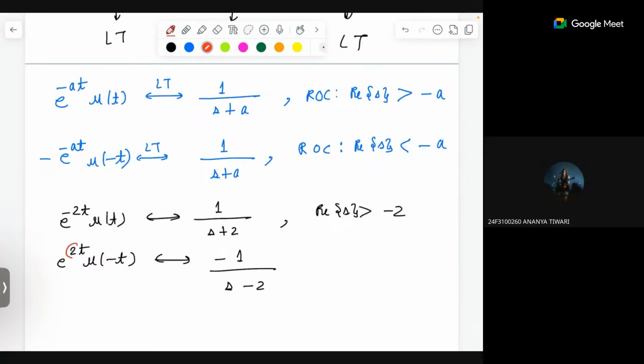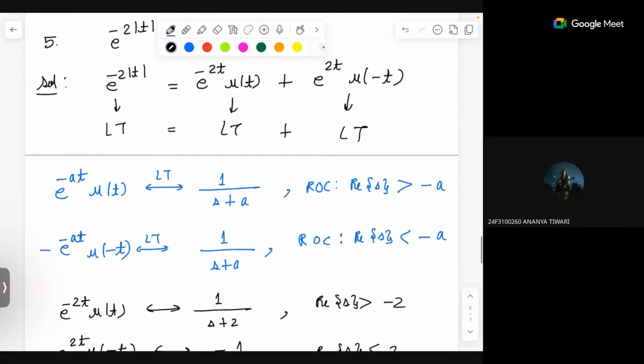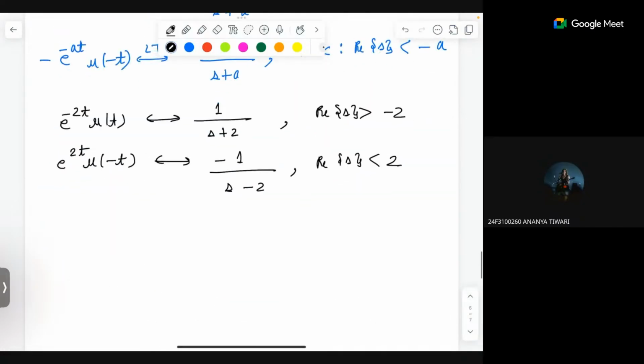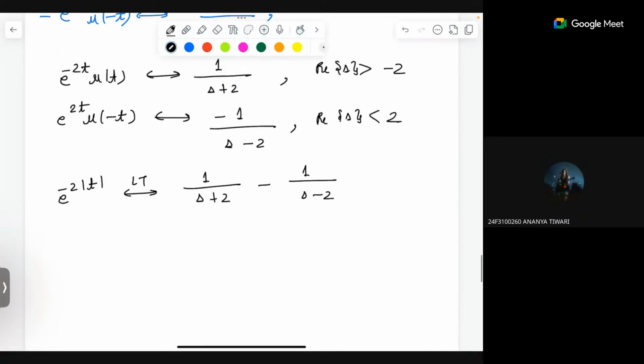Here it is 2, not minus 2. And the ROC will be real of s less than 2. Now let us add them together to get the Laplace transform of e raised to the power of minus 2 mod t. So I will have 1 upon s plus 2 minus 1 upon s minus 2.